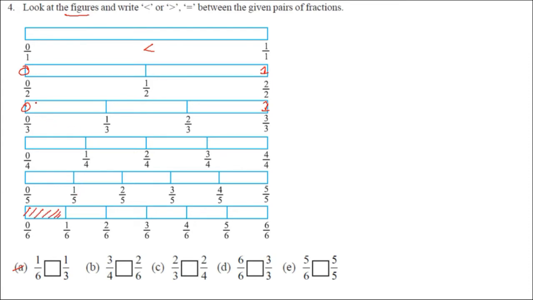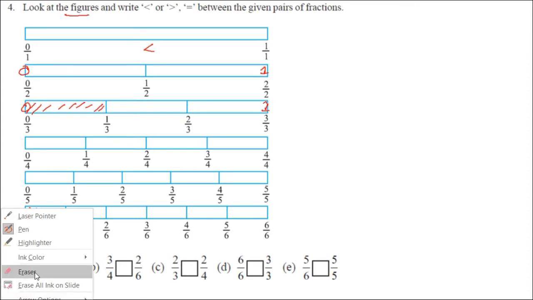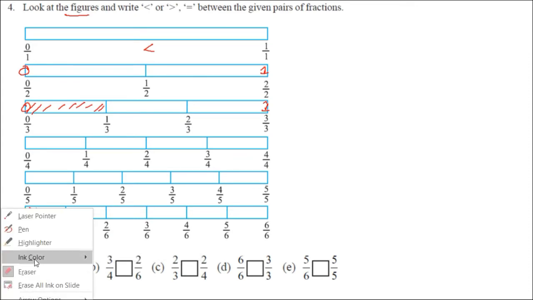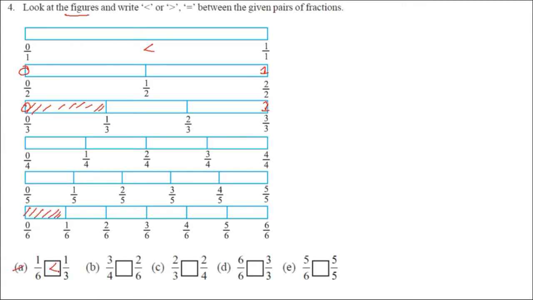If you take 1 by 3, this will be the length. On comparing, you'll clearly say that 1 by 6 is smaller. I made a mistake here. 1 by 6 is smaller compared to 1 by 3.